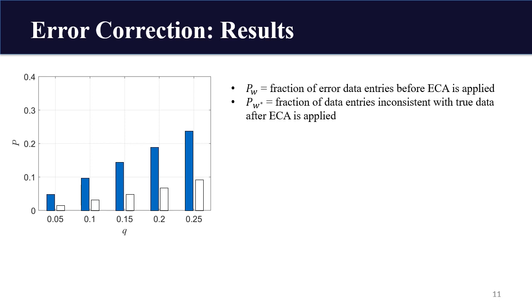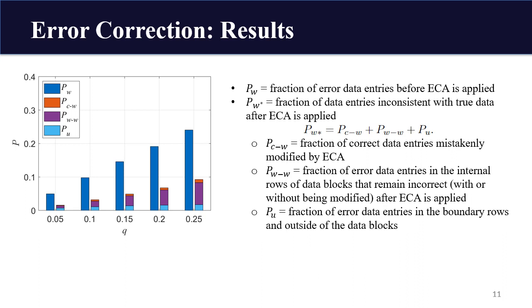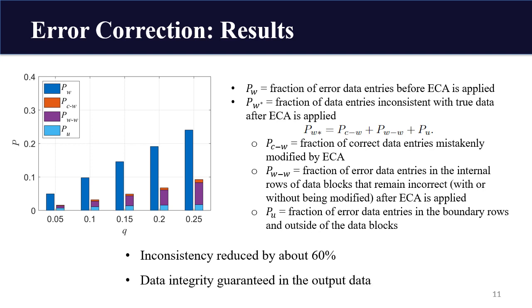PW star consists of PCW, PWW, and PU, the three parts. While the ECA cannot completely recover the true buffer occupancy data, the inconsistency is reduced by about 60%, and the output data is guaranteed to possess data integrity.